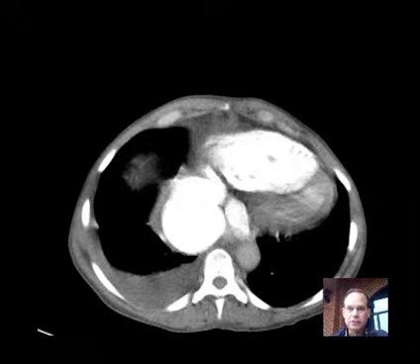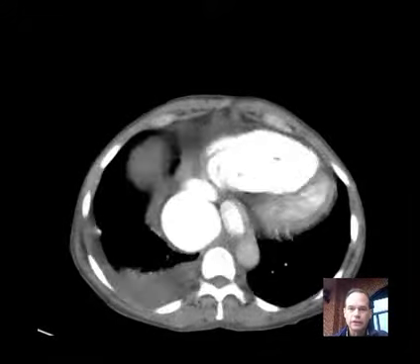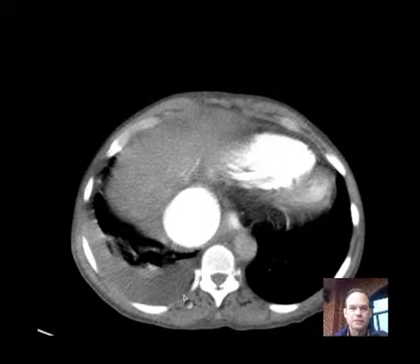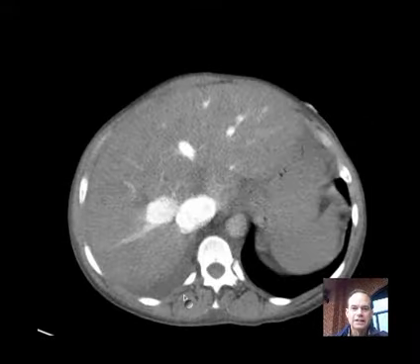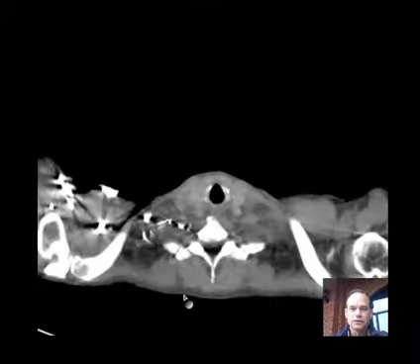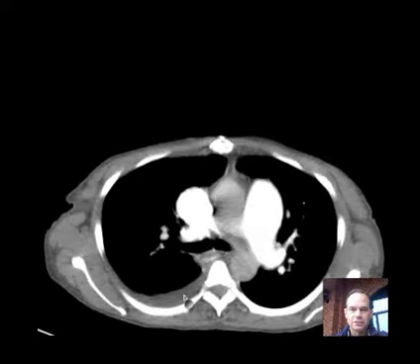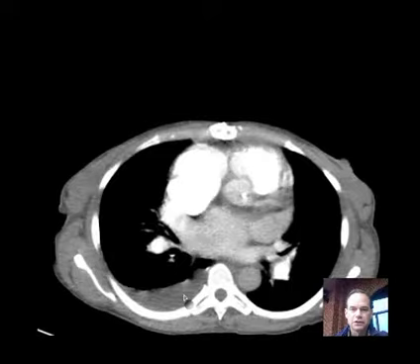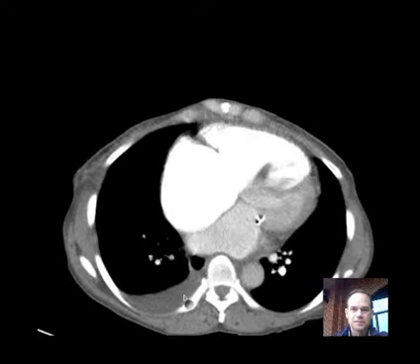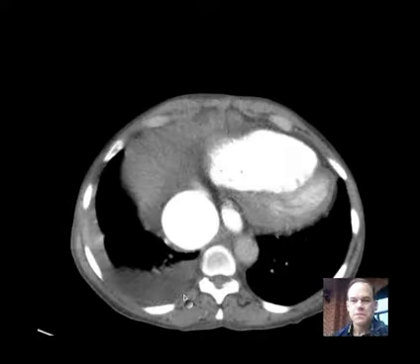All right, ladies and gentlemen, I want to present to you an interesting case. I'll give you a chance to look it over. Now here's the CT chest, and we're going from the top down here, so look at things like that. Any part of the chest here is fair game.